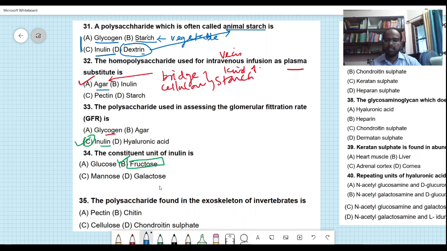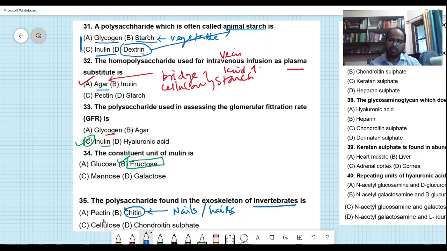The polysaccharide found in the exoskeleton of invertebrates, the exoskeleton being the outer skeleton, is chitin. This is found in nails and even in some hairs. That is why you are using this invertebrate there.